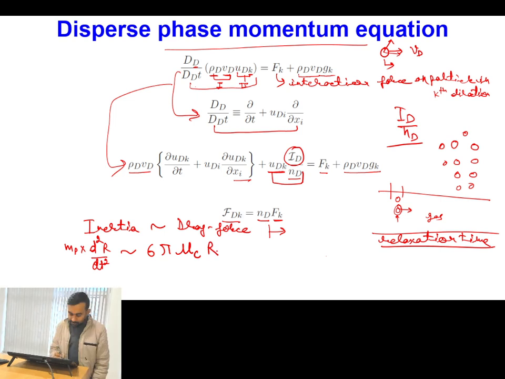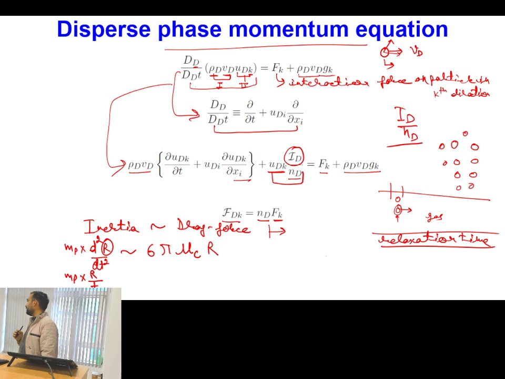Now, this d square r by dt square, because I am not balancing the equality sign, I am balancing it in terms of order of magnitude analysis. So I can define that m p times the length scale r, and the time scale is tau u, which is the relaxation time through which the particle has accelerated or decelerated before coming into equilibrium with the surrounding fluid.